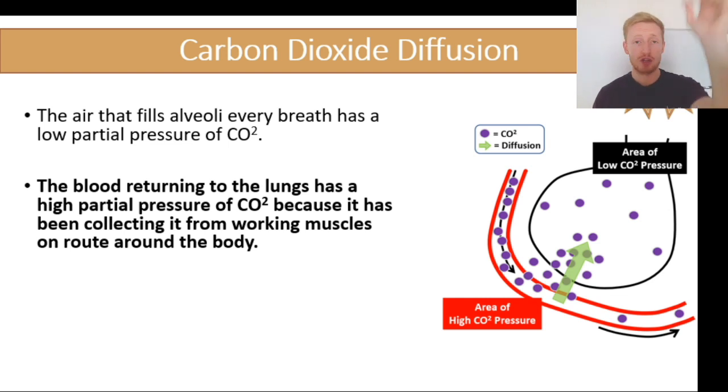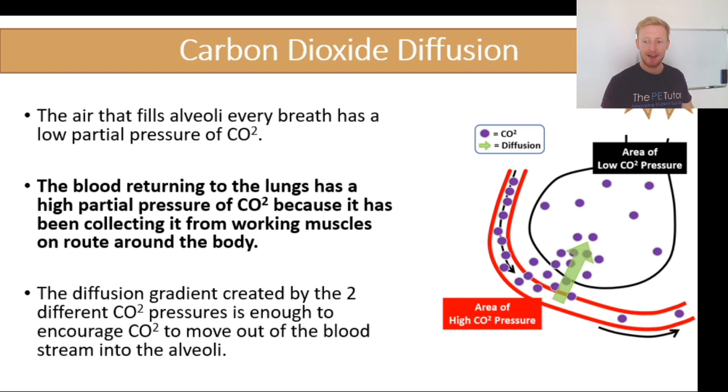There isn't that much in the environment around us, not compared to how much there is in the blood that's returning to the alveoli at the moment. This creates this diffusion gradient, this difference of high pressure area and low pressure area. High pressure diffuses its gas into the low pressure area.